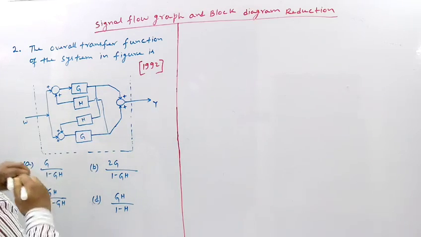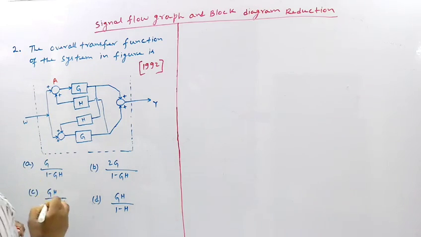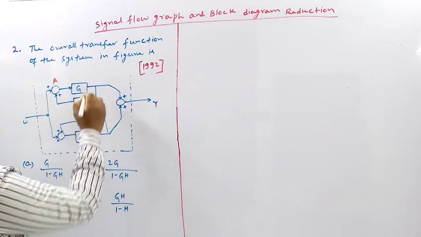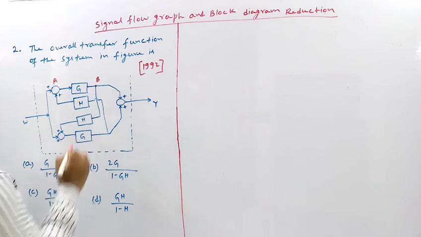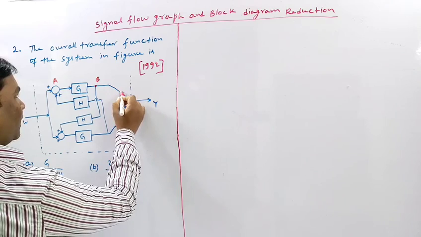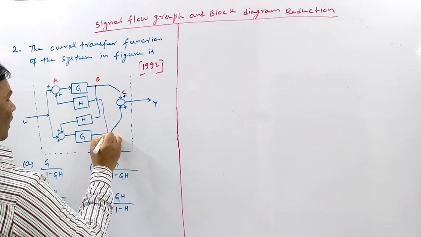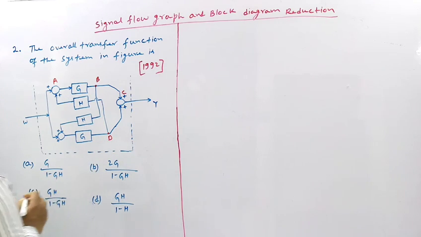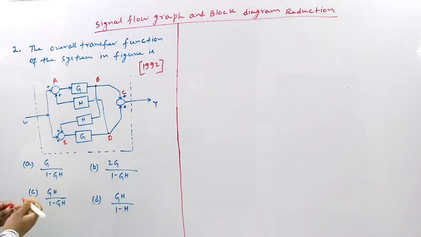Let us take its name as A. Again, this is a takeoff point, so let us take this point as B. This is also a summing point, let us take this point as C. This is again a takeoff point, so let us take this point as D. Let us take the name of this summing point as E.